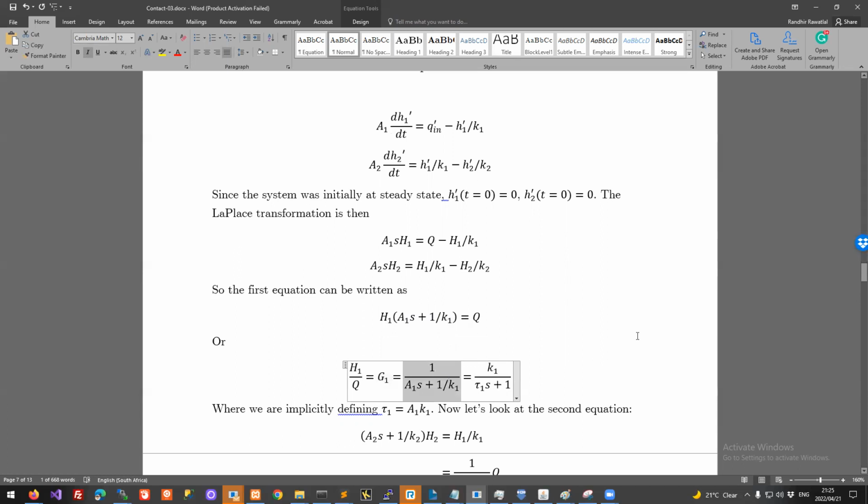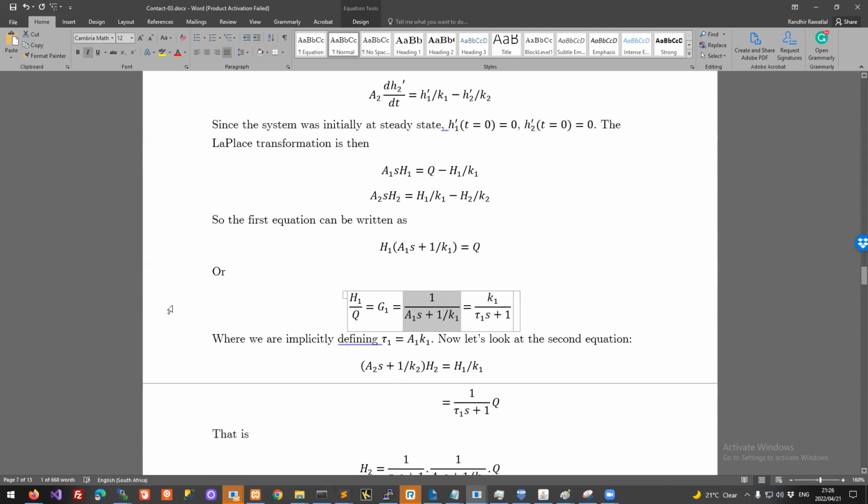And then, like we said before, this is a first order form. If we multiply top and bottom by k1, then you get k1 here plus 1 down here, and then the k1 a1. So we now have this familiar form. So tau here is k1 a1, and then the capital K is that k1 there, right? So we've got the typical first order response here.